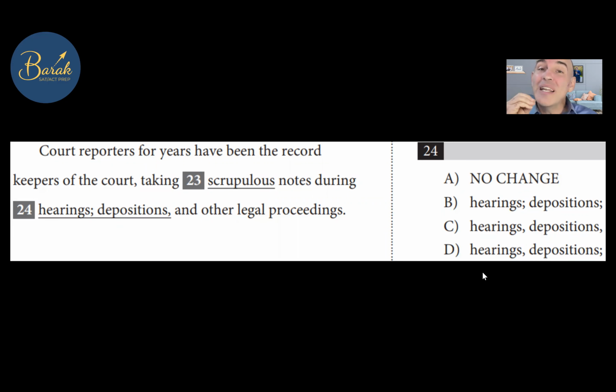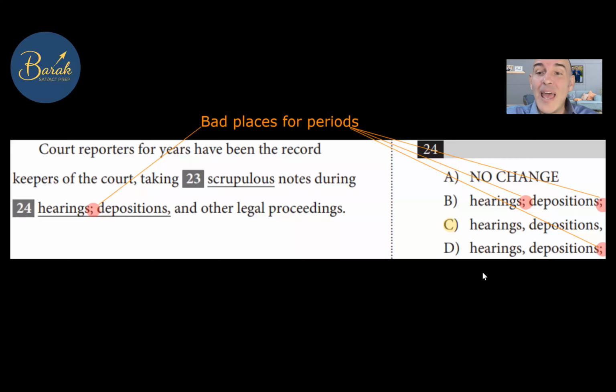I'm going to suggest that you pause every time there's a question up, and I will immediately give the explanation, but it would be really good if you could pause and try the question on your own. If a semicolon is exactly the same thing as a period, then all of these places where you see semicolons in A, the no change answer, are a terrible place for a period.